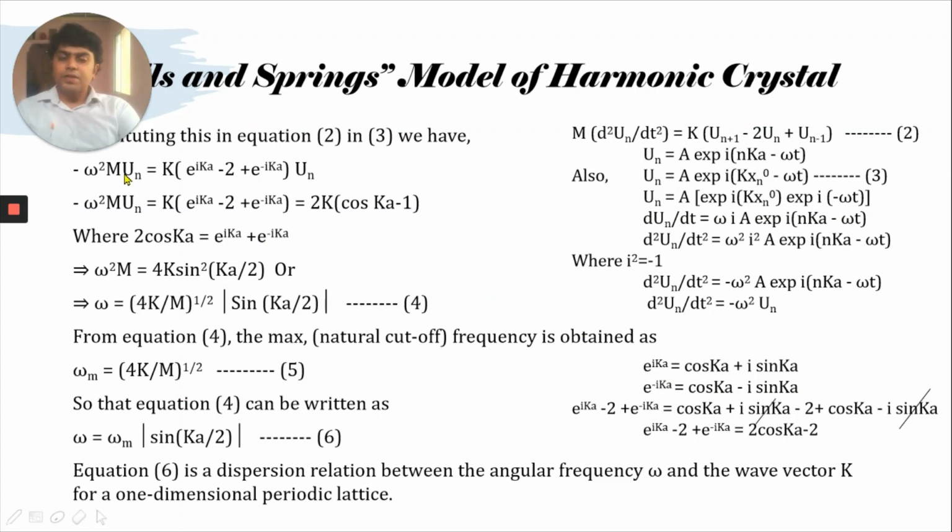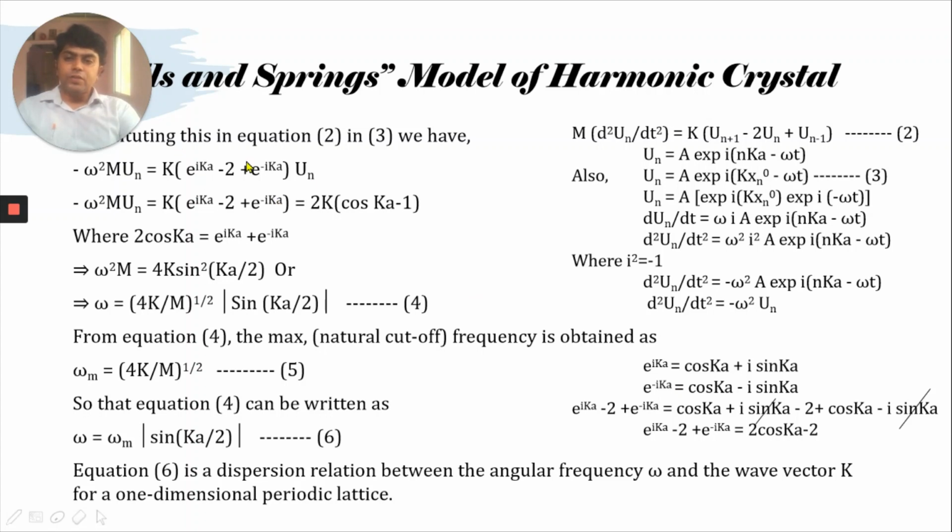Minus omega square m u of n equals the right hand side, which is the harmonic vibration: k times (e of ika minus 2 plus e of minus ika) into u of n. Now what is e of ika? e of ika is cos ka plus i sin ka. e to the power of minus ika is cos ka minus i sin ka. That you can also see in the right hand side.